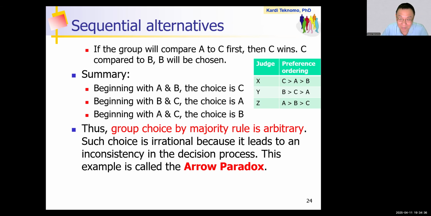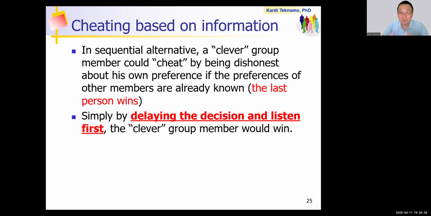So how to cheat? In the sequential alternative, a clever group member would actually cheat by being dishonest. I put quotes around cheat here because this is being dishonest about his own preference.